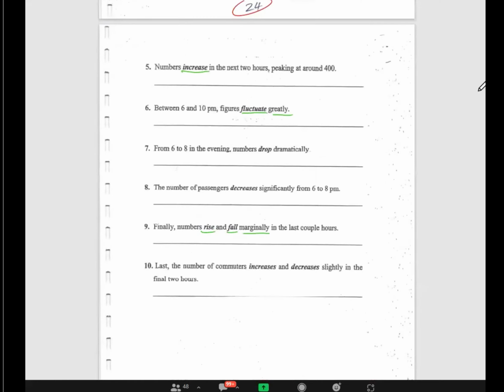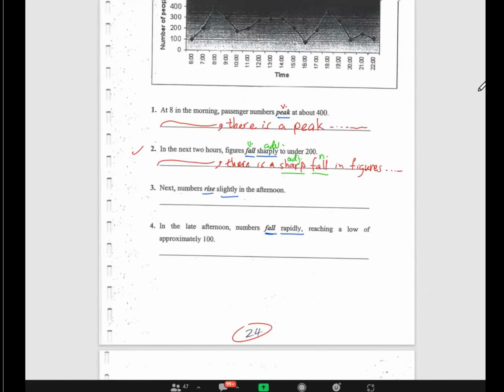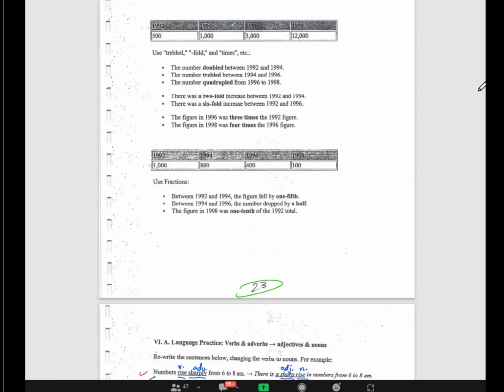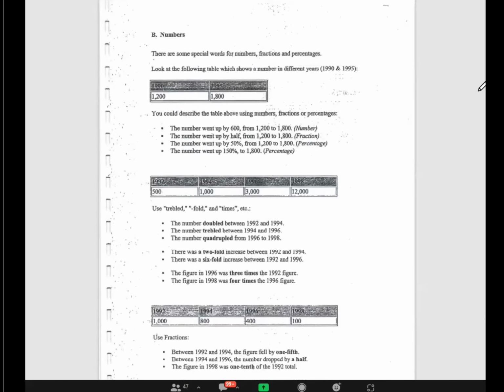What was number 9, guys? Yeah, here, number 9. There is a marginal rise and fall. Okay, page 23. Go to page 23.